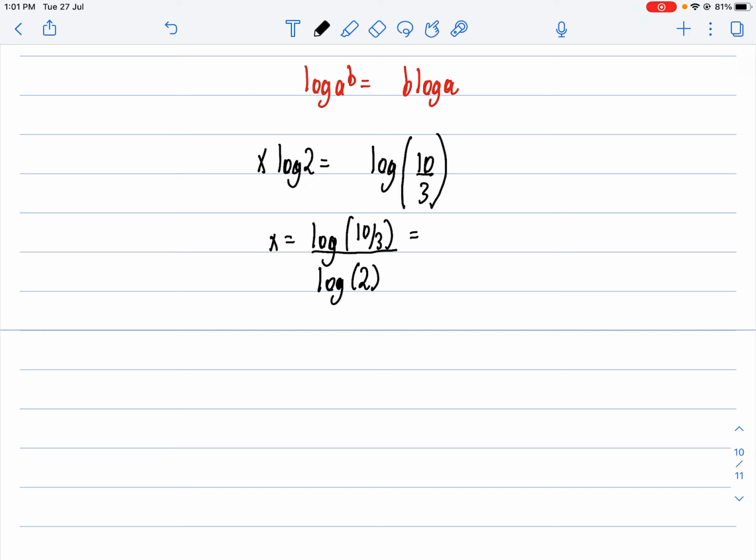So when I do the log of 10 over 3 divided by the log of 2, I get my answer as 1.74 to 3 significant figures. Correct? So this is the final answer for x.